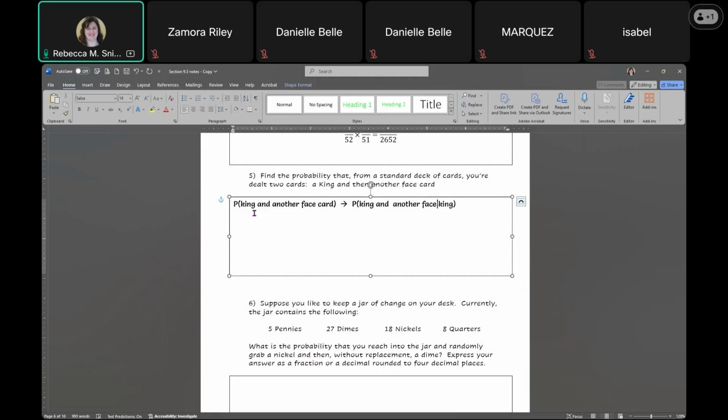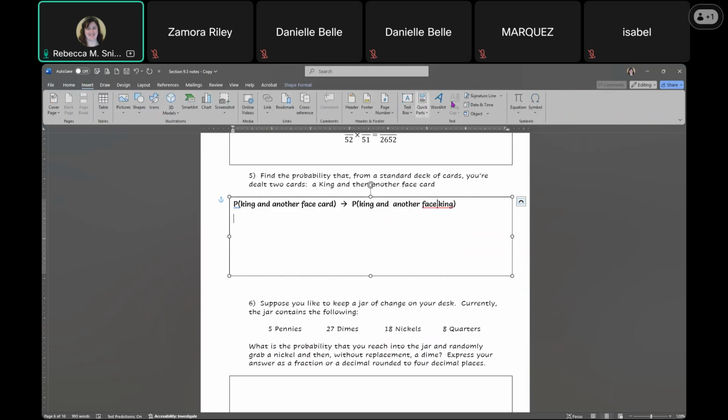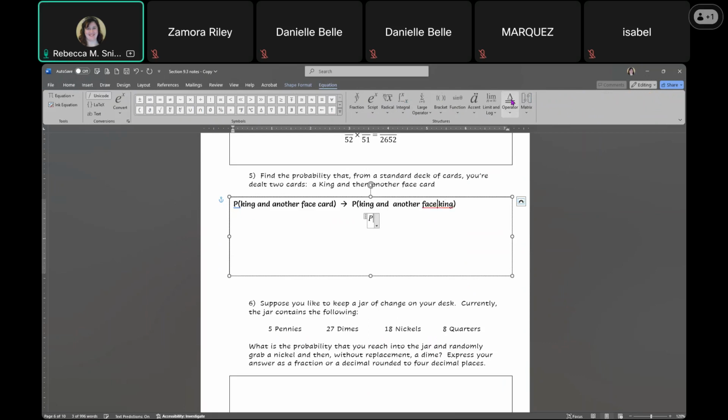Okay. So here, like before, we have to look at those two probabilities on their own. First we want the probability that you get a king. Just like before, we have our fraction where your denominator term is your total, and there are 52 cards in the deck. How many of those cards are kings? Well, there's 4.